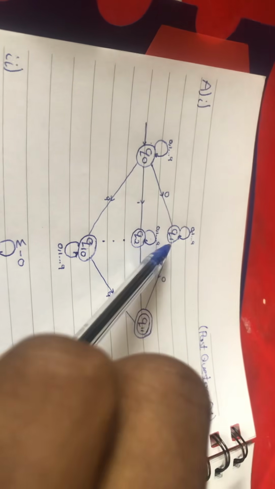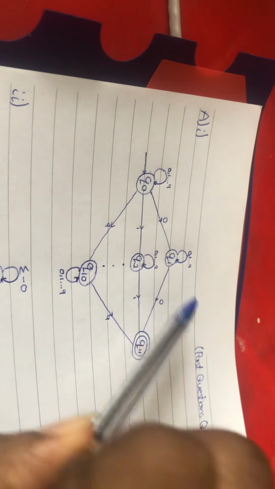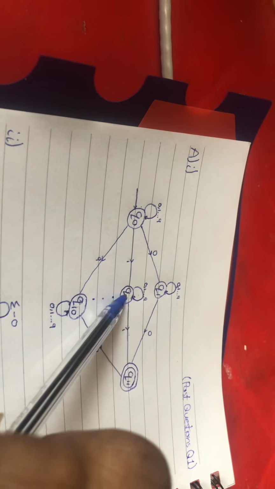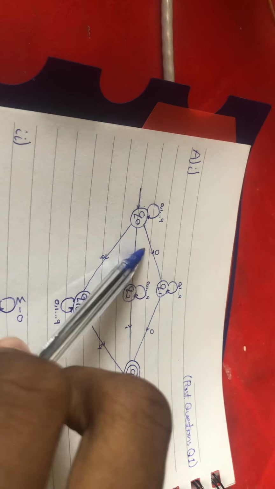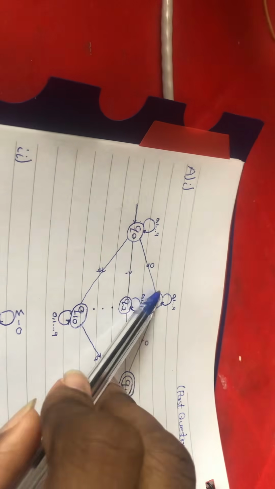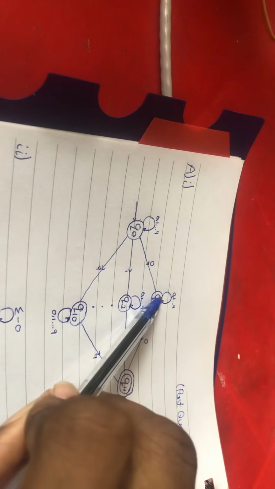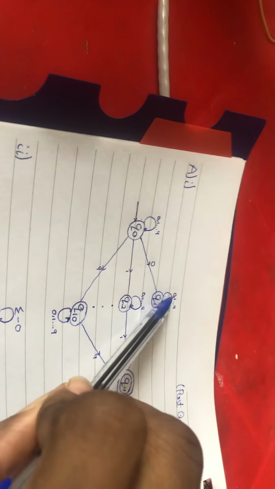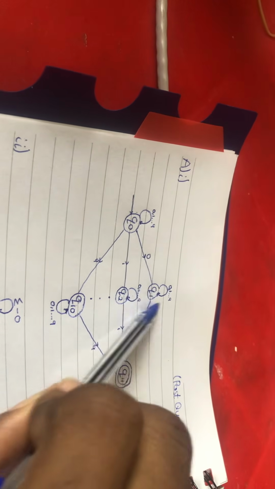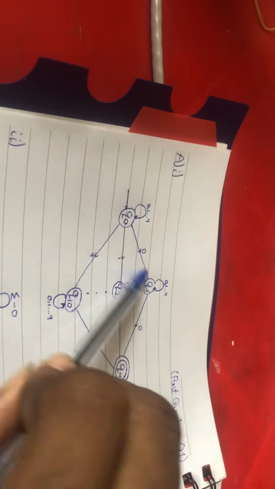So first of all, you write your language and you design this out of it. Something like 3 zeros, 0, 0, 0, should be accepted. After the first 0 you can have 0, 1, 2, 3, anything, recurring.